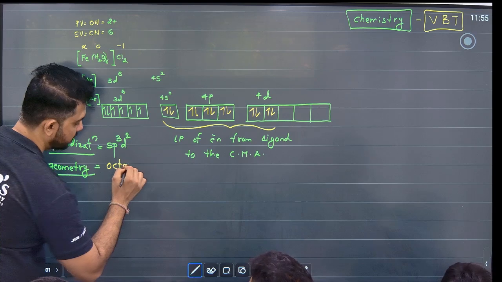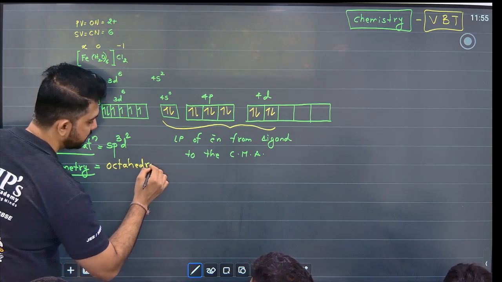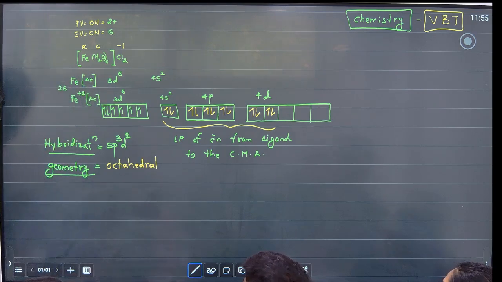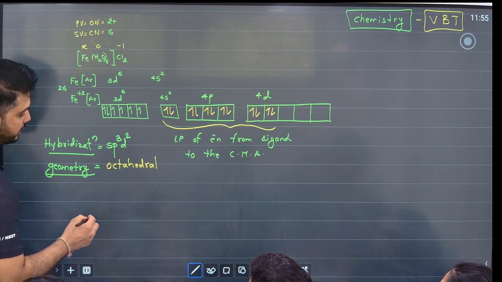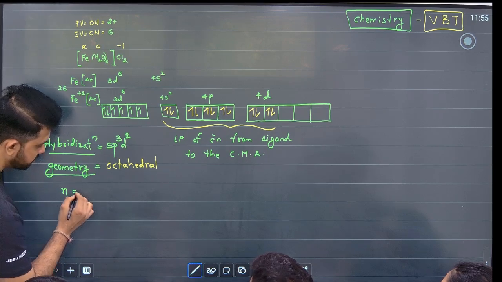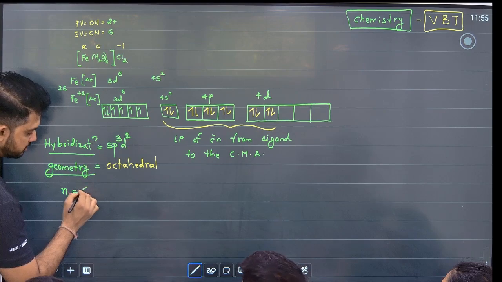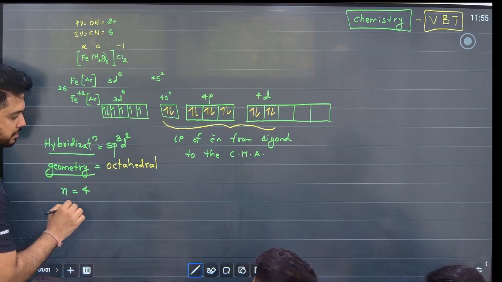Octahedral. Octahedral is also known as dash, people. Square bipyramidal. Give me the number of unpaired electrons. 1, 2, 3, 4.